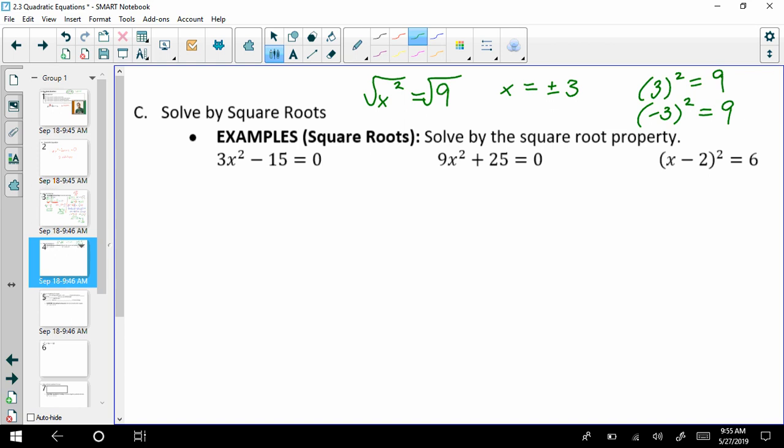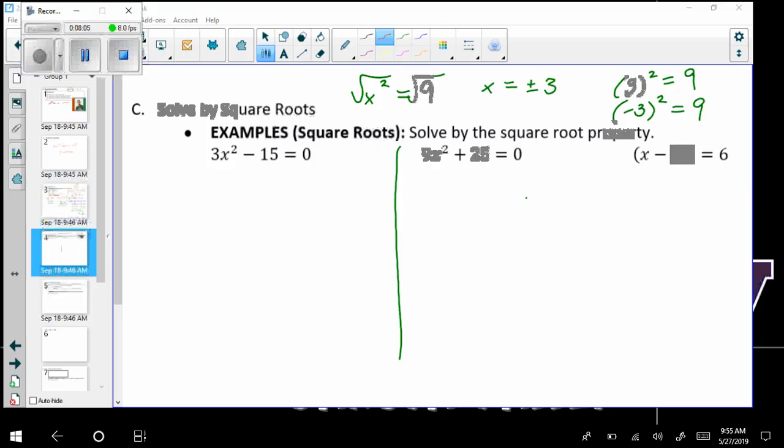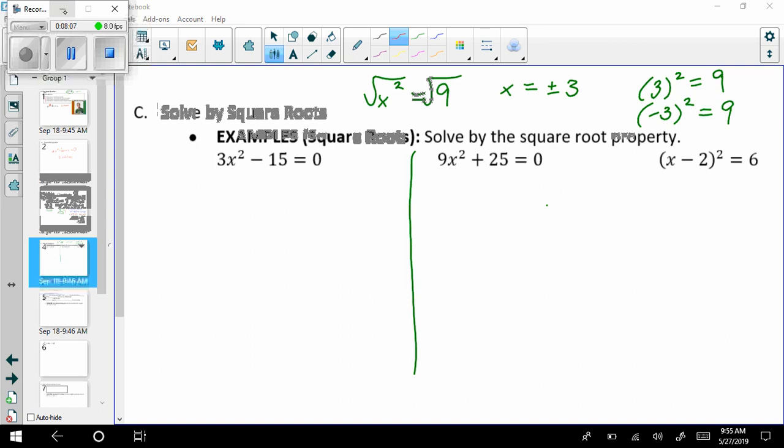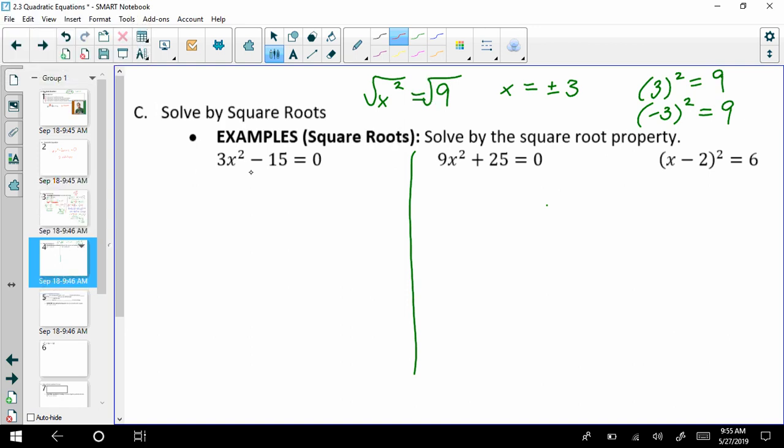Two answers. So let's try this. Solve by the square root property. So if I'm using square roots, I would like to get x alone. So if I was solving this first one, I could add 15 over, just like if I was solving a normal equation.